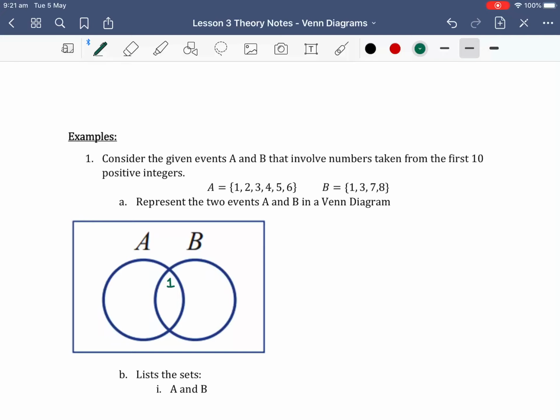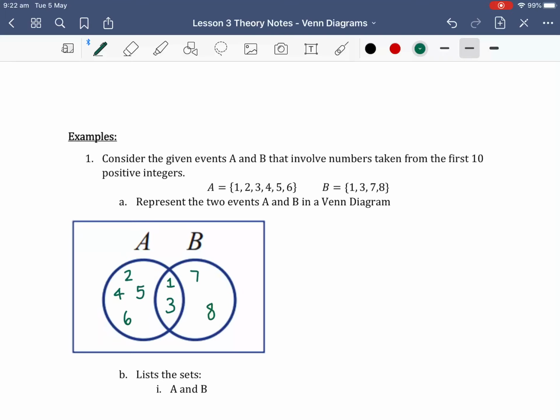Now the number 2 occurs in only A, so we're going to write it over here in the part of the A circle that is only A. 3 occurs in both, so we are going to write that in the overlap part. 4 occurs in only A. 5 occurs in only A. 6 occurs in only A. 7 occurs in only B. And 8 occurs in only B. But remember, we're considering the events A and B that involve the numbers taken from the first 10 positive integers.